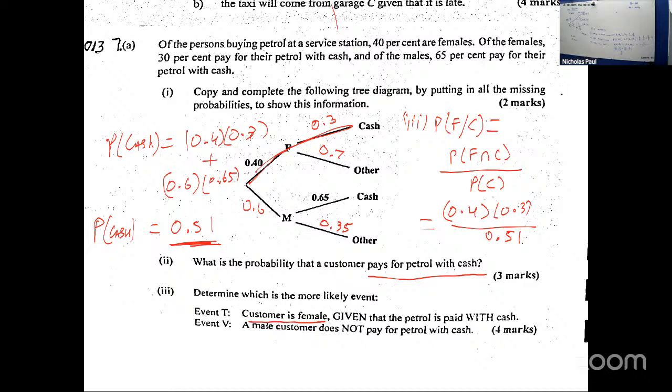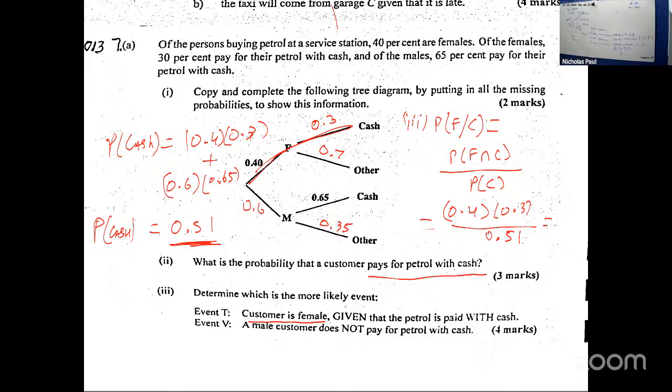Right, but it doesn't matter. They ask for cash. So cash has to do with both male and female. So they want to know who paid cash, both male and female. So divide that, you'll get 0.12 over 0.51. How much does that simplify to? Anybody got that? 12 over 51?